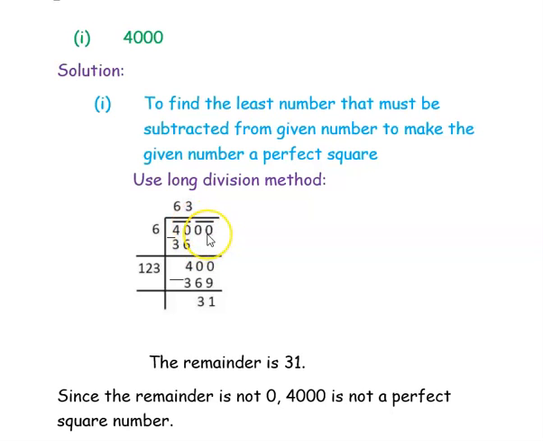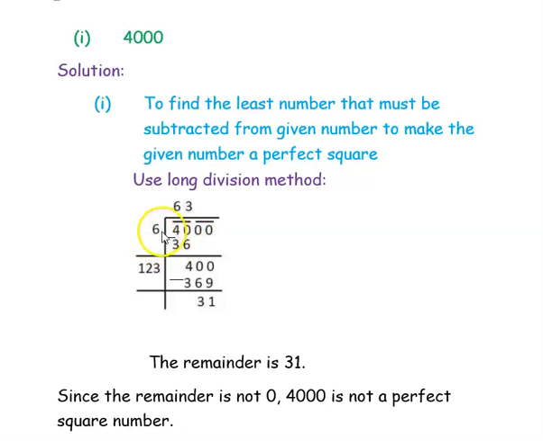So now I have paired the ones digit 0 and the next digit 0, and I have placed a bar over here. Then I have paired the next two digits 0 and 4, and I have placed a bar over here. The next step, we have to consider the number under the leftmost bar. So here the number under the leftmost bar is 40. Then we have to find a number whose square is less than or equal to this number 40.